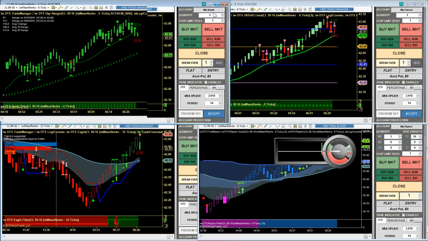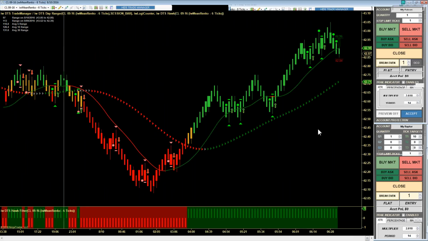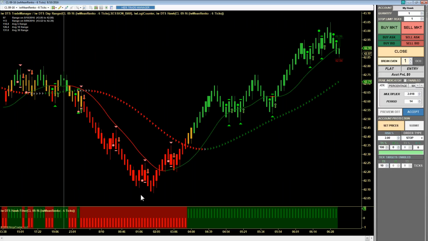So here's crude on the Hawk Scalper, and it looks like the overnight was fairly quiet. The London session opened right about here, actually, and produced a first micro-macro cross signal. This is on the Hawk Scalper. It produced a signal to sell. We had a failed red bar buy signal here. I know that makes no sense to you, but it's one of our signals.